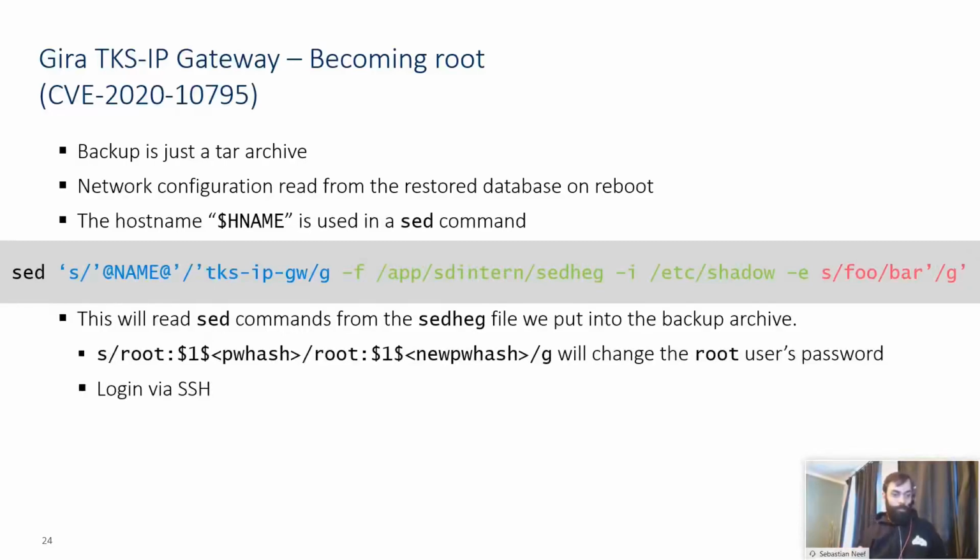In our case, it's the file /app/sdinternal/zhack. And this file we were able to create by putting it into our tar archive and uploading it, because the tar archive would be untarred to this path, and then the file would be created for us. So this was great.